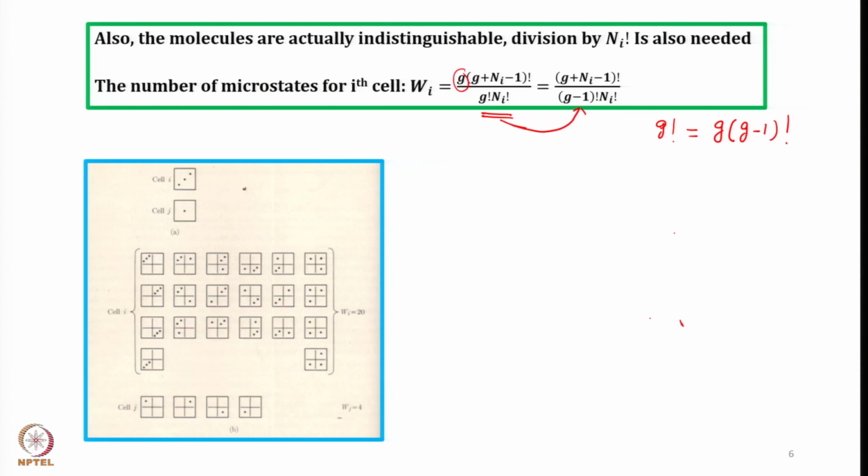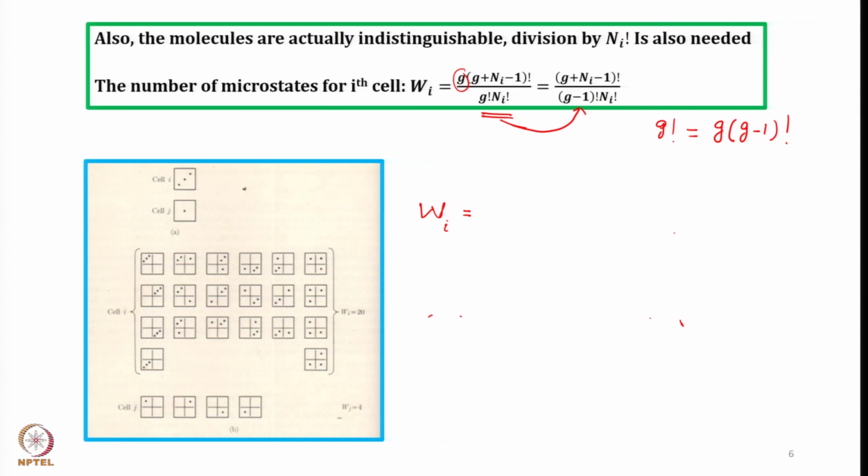Now let us apply it to cell I. Let us say Wi is equal to (G plus Ni minus 1) factorial.